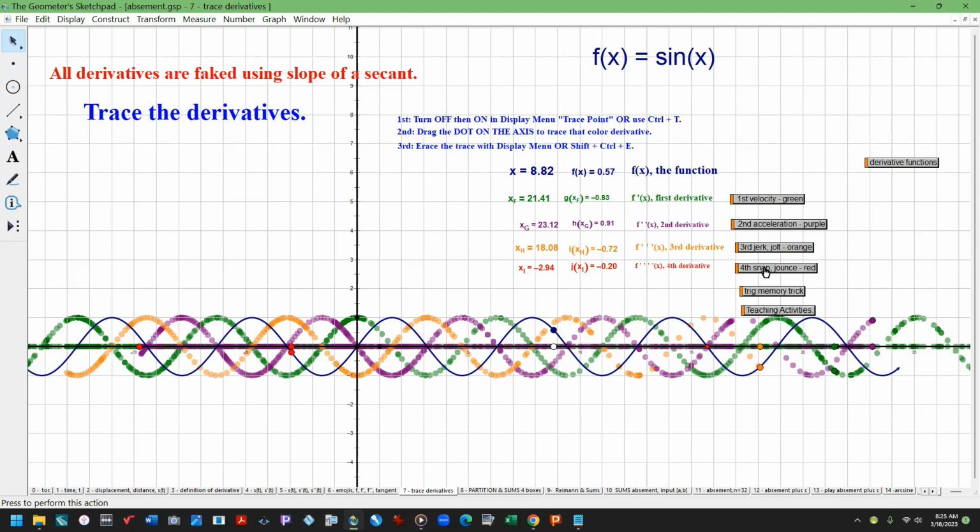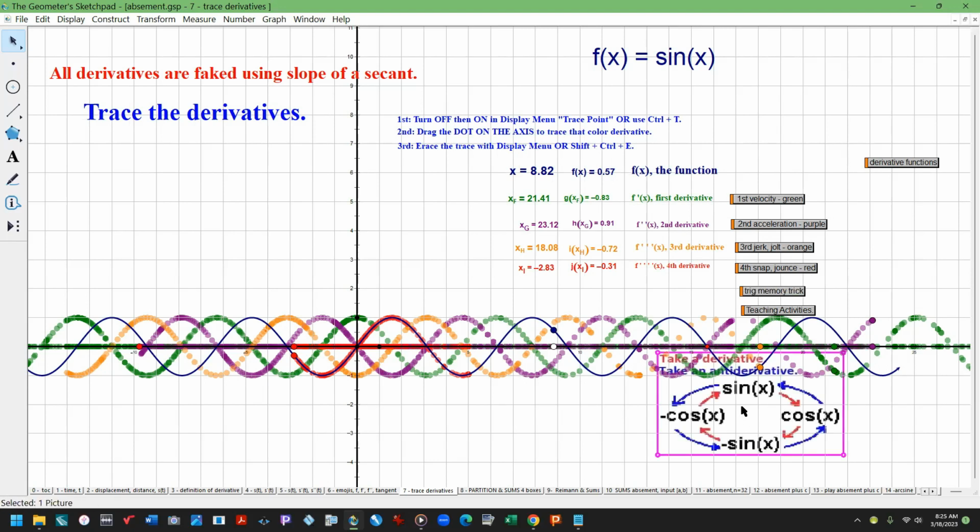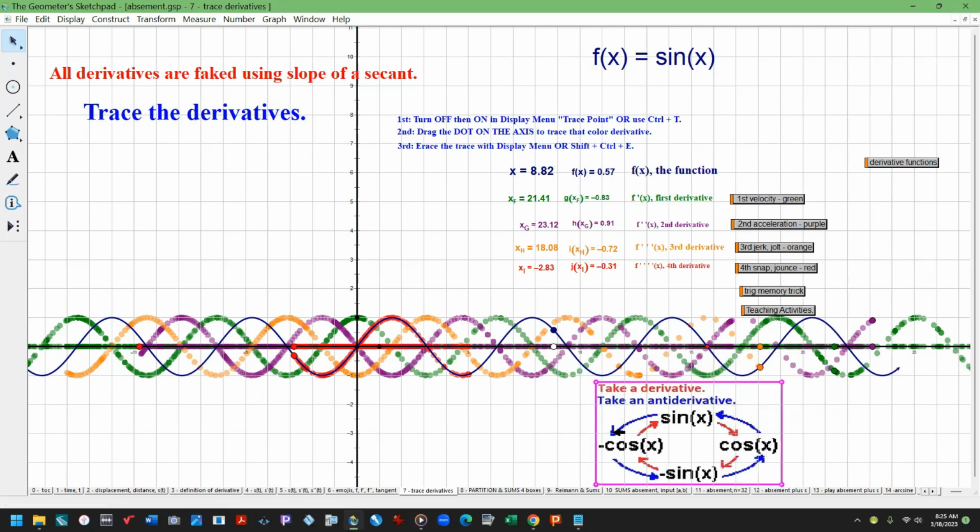And the derivative of the negative cosine should be the sine. Let's see if we get it. Find the red. Sometimes I pull the wrong red one. There we go. Sine function. So what I've attempted to show you is the cyclic nature of the sine and cosine derivatives and antiderivatives.